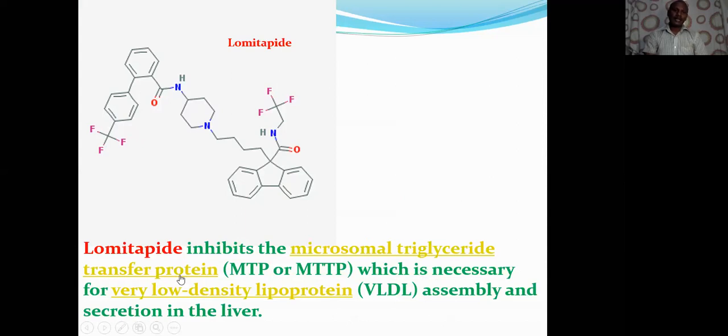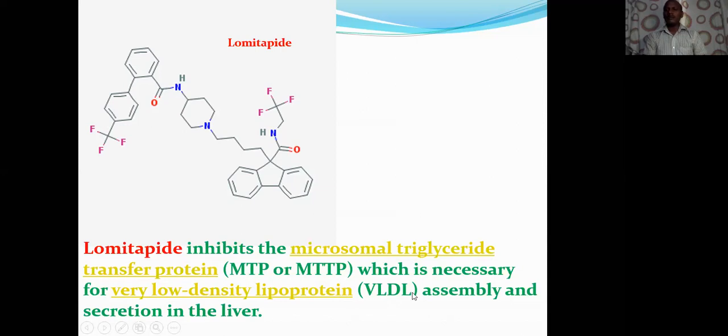This protein is necessary for VLDL assembly. We know that VLDL, very low density lipoprotein, is made in the liver. To make VLDL you need triglycerides, free fatty acids, protein, and cholesterol. All these components are assembled and VLDL is made. If triglyceride is not there, VLDL cannot be synthesized.